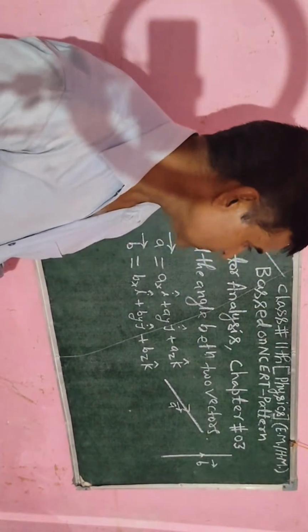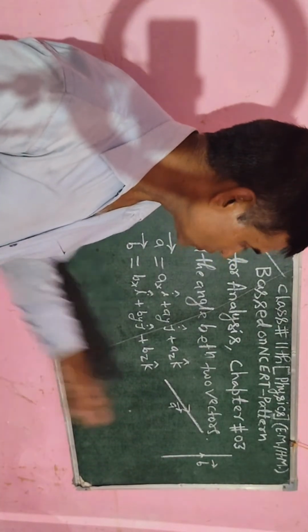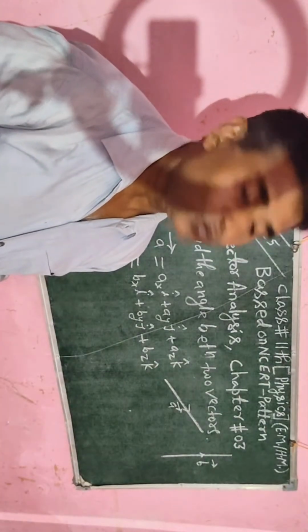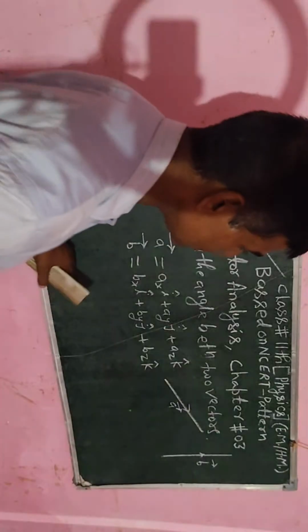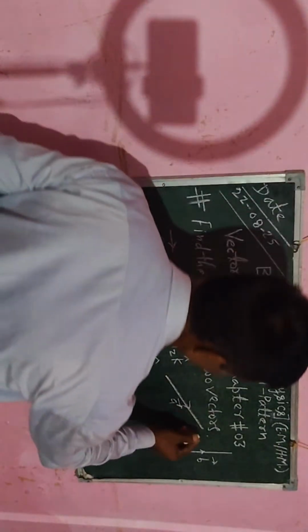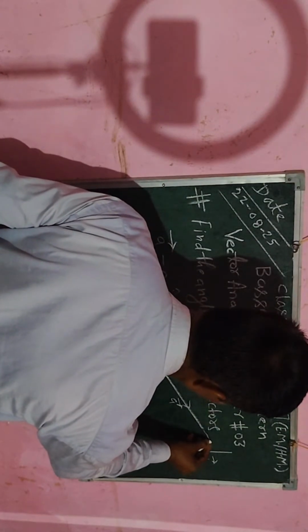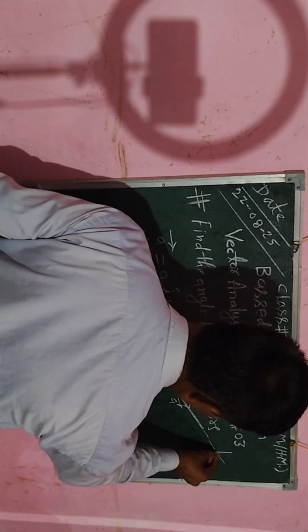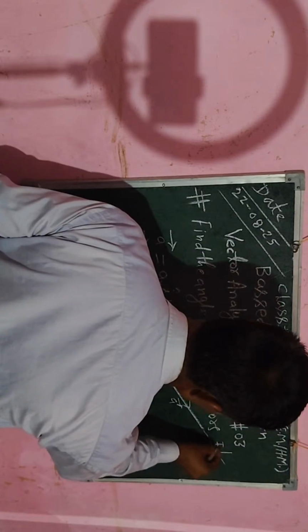So we will get four angles, but two angles will be equal to each other. It means the vertically opposite angles will be equal to each other. I will say that is the point of intersection.